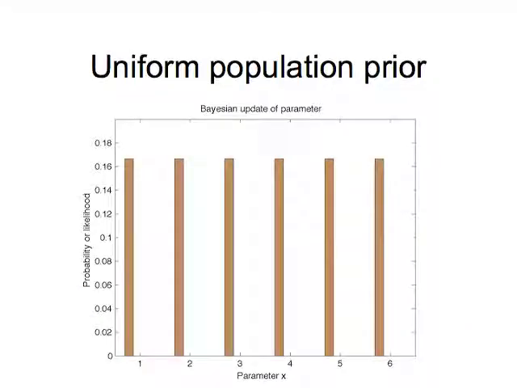Let's take a look at some examples visually. Here is a uniform population prior on a 3-allele locus system. Again, I'm using a smaller number of alleles to keep the examples simple and more visually apparent. The 3 possible alleles give us 6 possible allele pairs. Now, before we actually use an STR locus, we do population studies.